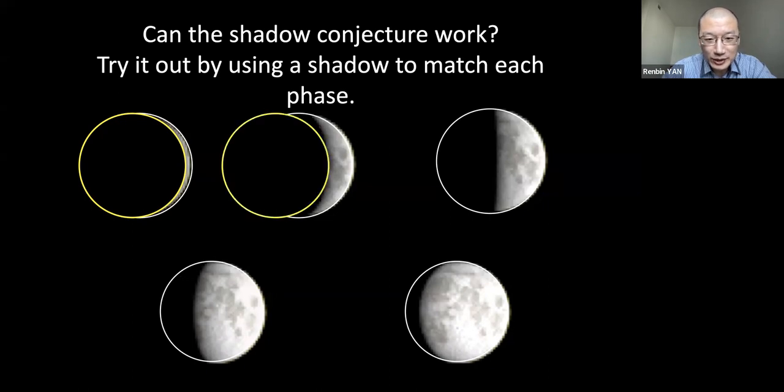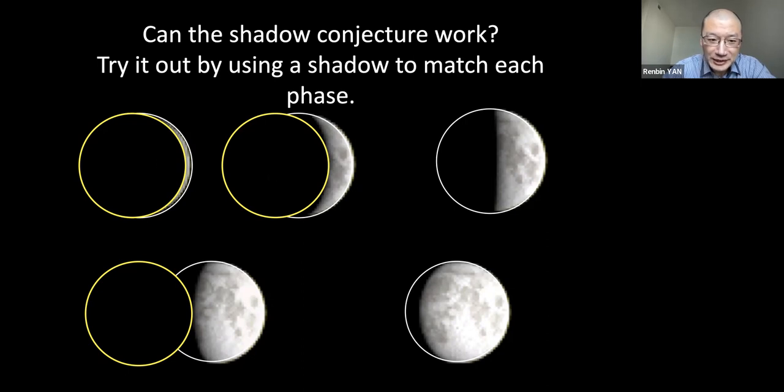So we try to draw a circle to mimic the dark side of this. How can we fit it? I mean, you certainly cannot put a circle on there to match this envelope between the bright side and the dark side of the moon, right? This will not work. The shadow of the Earth certainly cannot produce these kinds of moon phases, right?